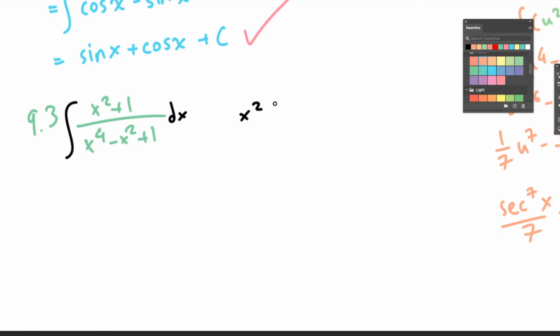If I take out the x squared, we get x squared minus 1.